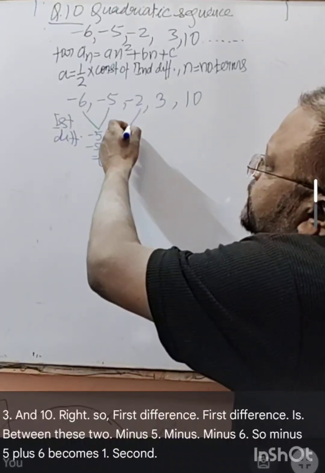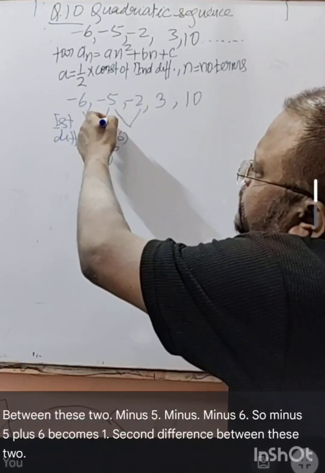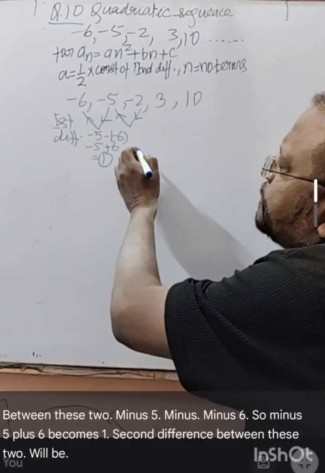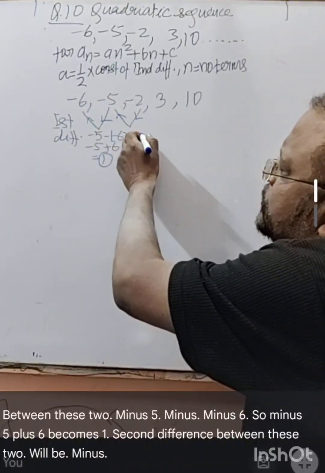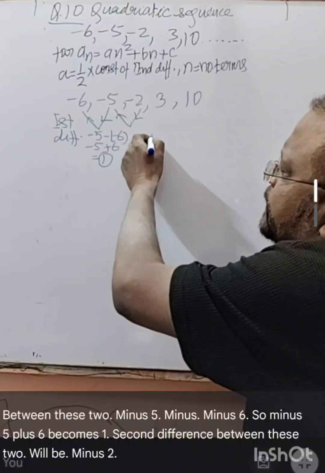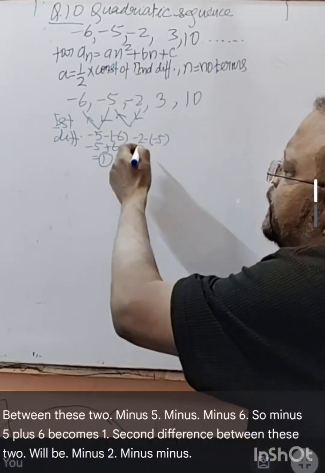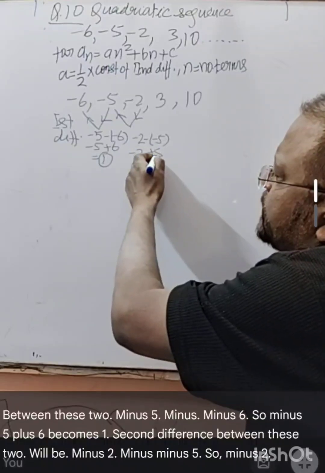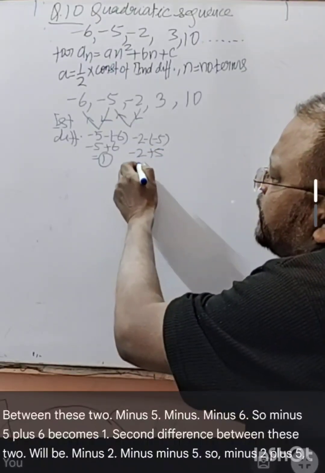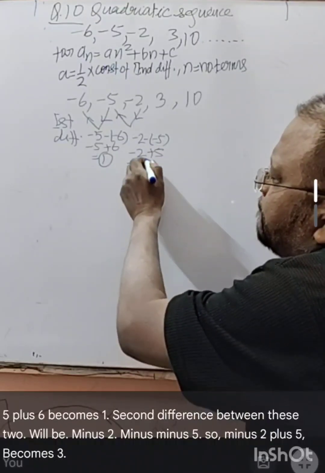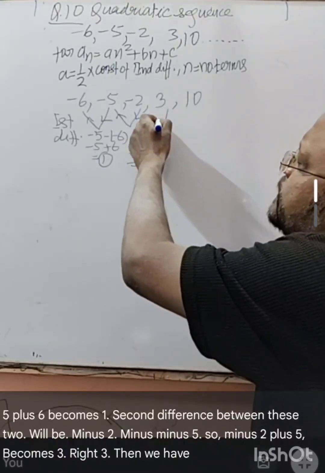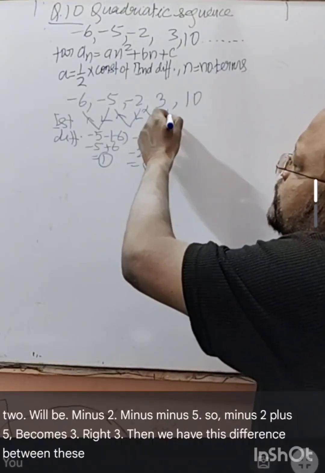The next difference between these two will be -2 minus -5. So -2 plus 5 becomes 3, right? 3. Then we have the difference between these two.